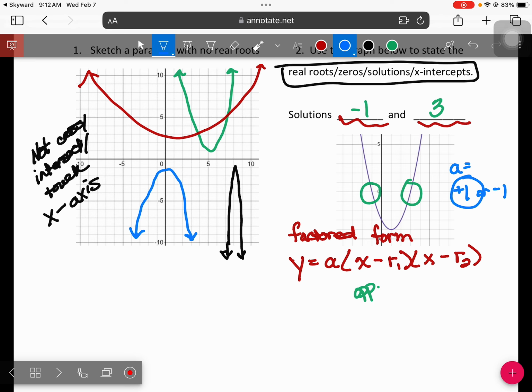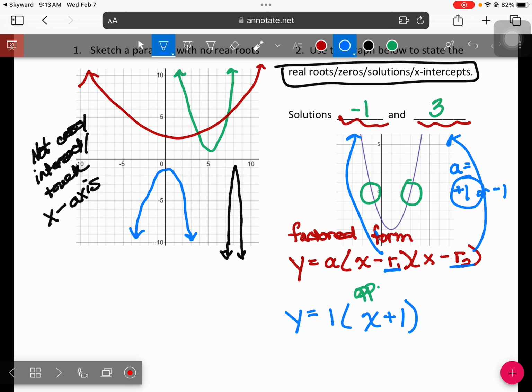So that's +1. When I substitute these roots in, my solutions, my roots, my zeros, I'm going to get y equals 1 times, okay, it says x minus r1. Well, my root is a -1, and if I subtract a -1, it actually becomes x plus 1.